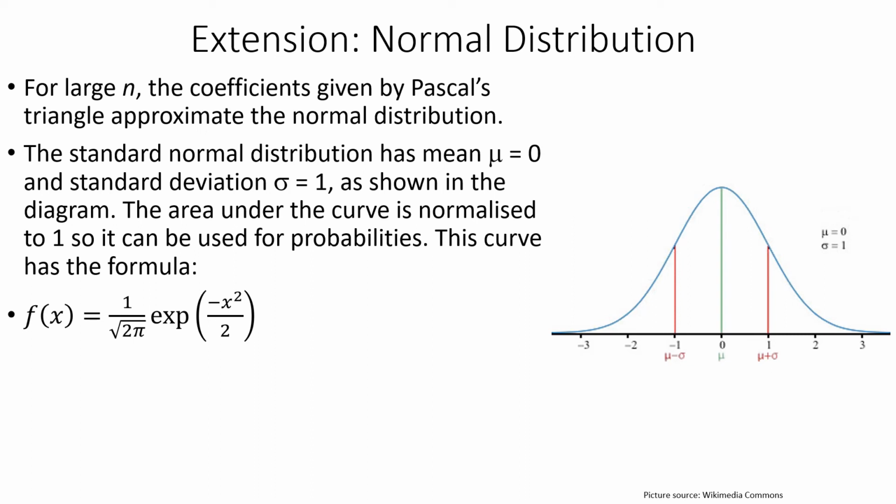And this way, we've got a formula of a curve here. The formula of this curve is this exponential formula there. So this is our standard formula for a normal distribution. And actually, when it comes to integrating under the curve, which is what we're going to need to do for probabilities, as I say, it's normalized so that the area under the graph is exactly 1, and that way we can use the area under the graph as a measure of probability.